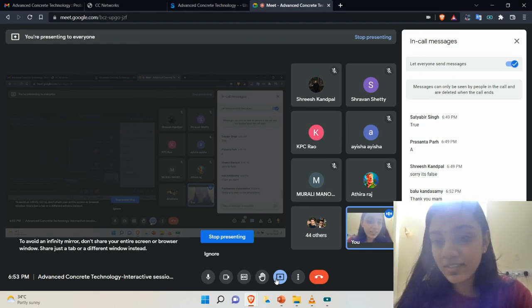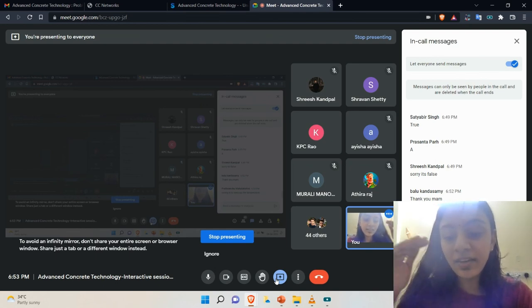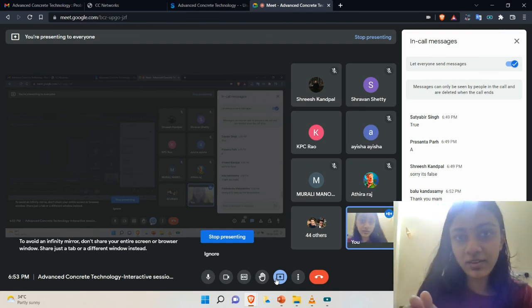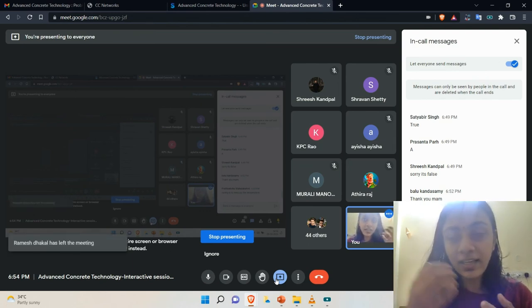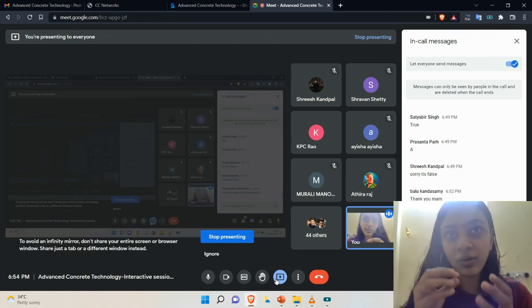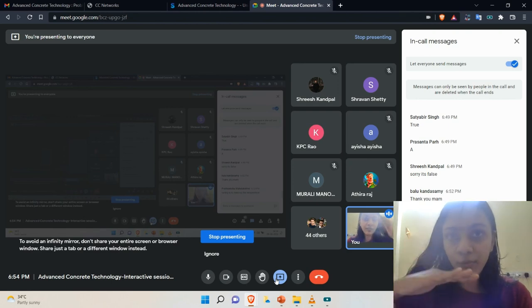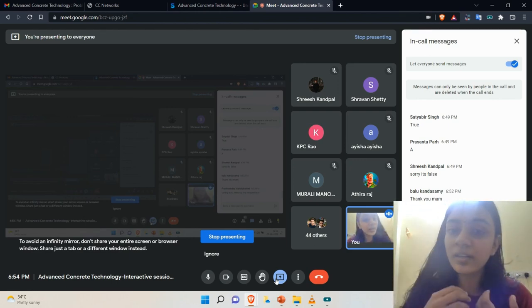So here Pratiksha has commented curing is to keep up the temperature. That's also correct. And so when we provide water to the outer surface, it is not just for the outer surface. When there is water evaporation happening from the surface, the innermost layer of concrete also needs water. So we provide water from the outside so that it can be taken by the inner particles also and the outer particles also.